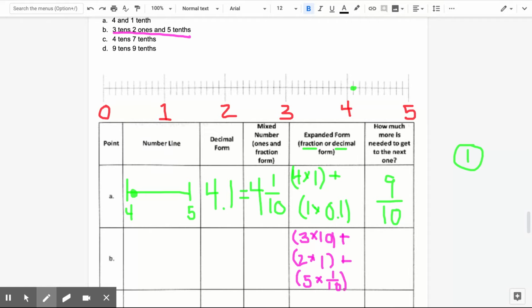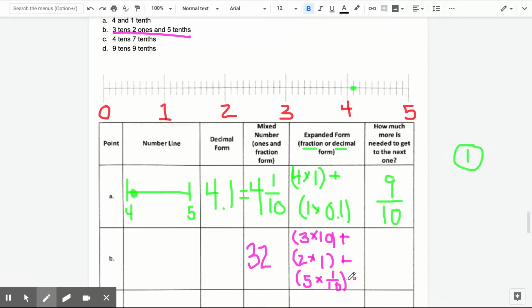All right, so now when I look at this, this is going to help me figure out my mixed number in decimal form a little easier because I know that 3 times 10 is 30, and I know that 2 times 1 is 2. So that tells me that my whole number is going to be 32.